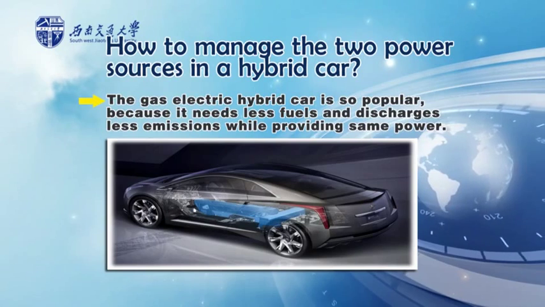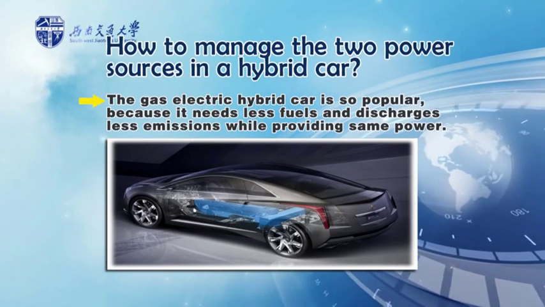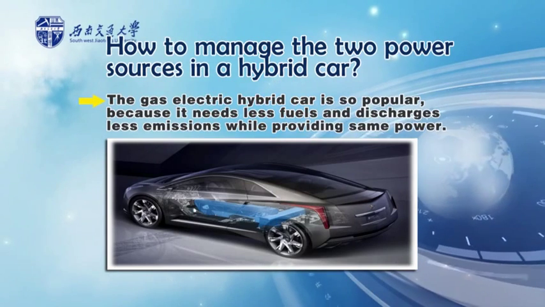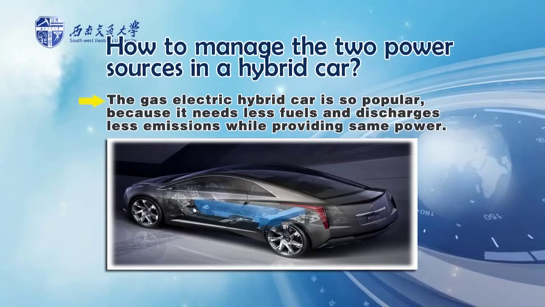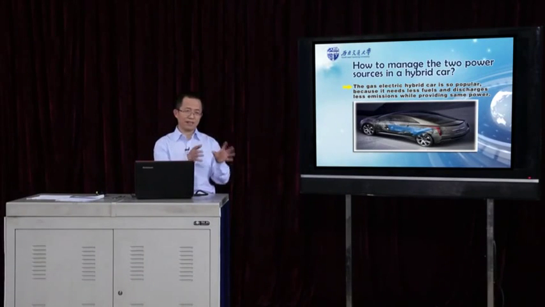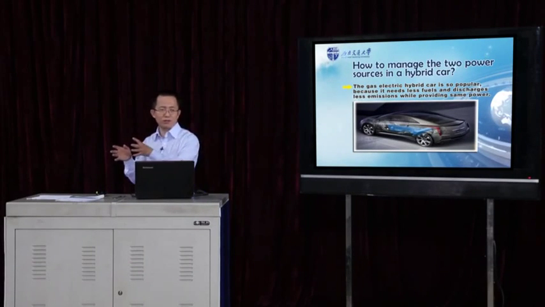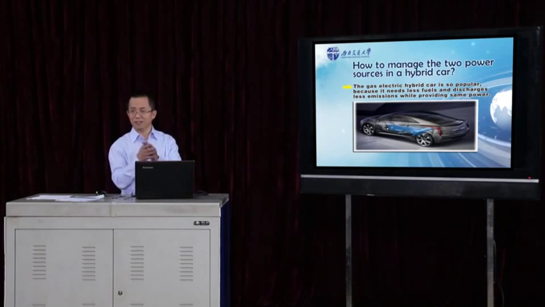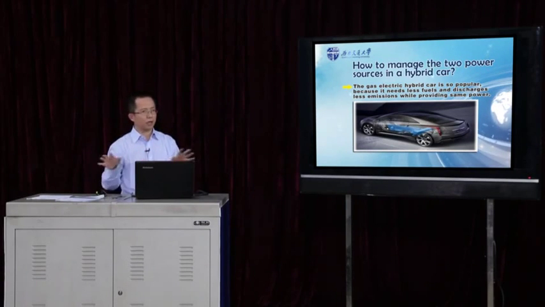Later, this is a car. But can anybody see something special about this car? This is a hybrid car. Hybrid means we use a gas engine and we also use an electric motor at the same time. Nowadays we have a lot of hybrid cars on the road.